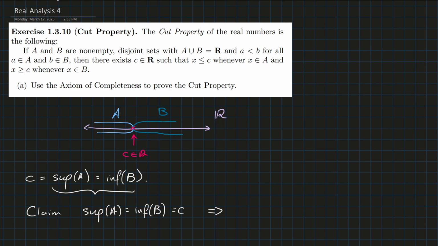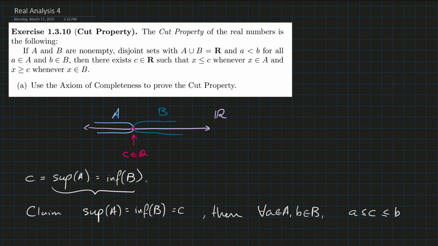Then we immediately get that for all a in A and b in B, a is less than or equal to C because it's the supremum, and b is greater than or equal to C because it's the infimum. And we get what we want, which is the final part of this statement.